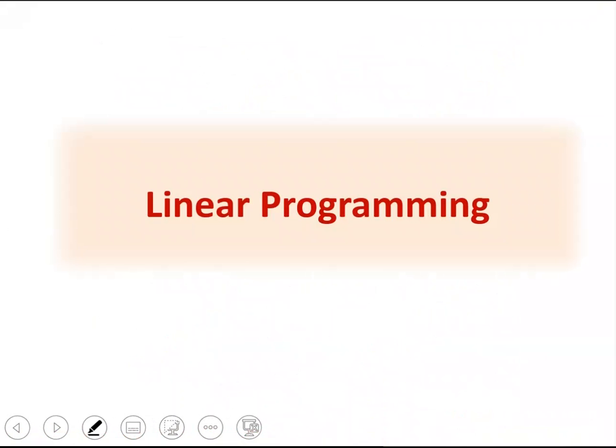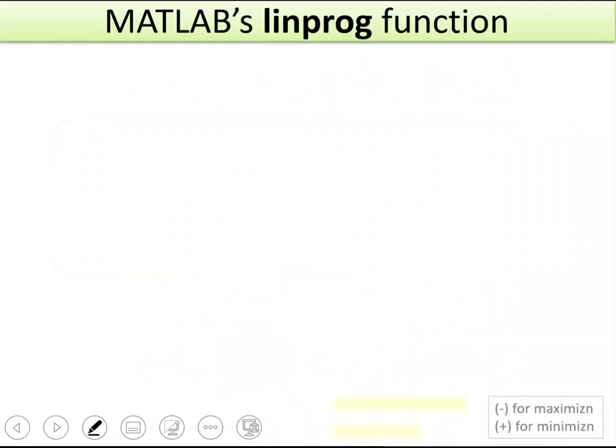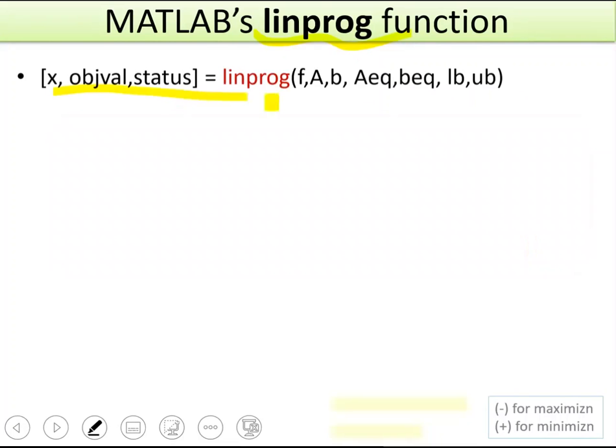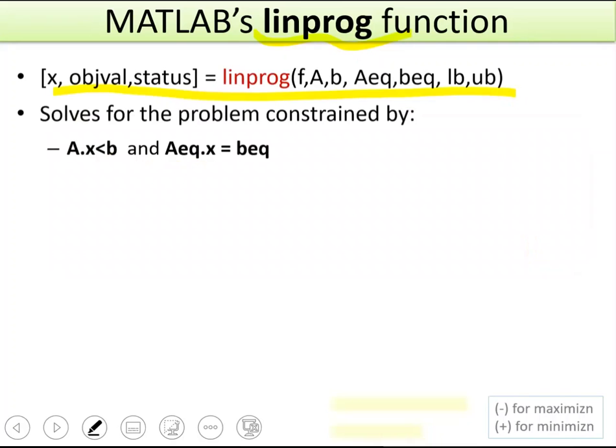I said that most of the time we will use linear programming to solve underdetermined systems. And in MATLAB, there is a function called linprog for linear programming. This is the function, and it solves a problem which defines equality and inequality constraints.